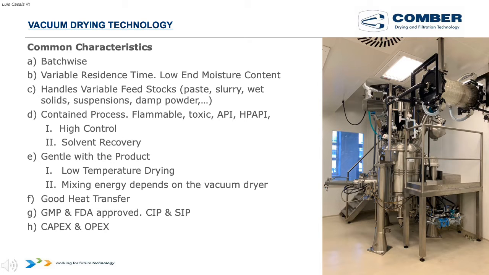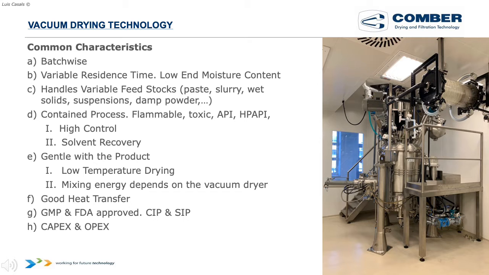Before comparing all the different technologies, I would also like to share the most common characteristics for all different vacuum dryers. Here you can see in this slide the main common ones. This is a batch-wise technology. We deal batch after batch.